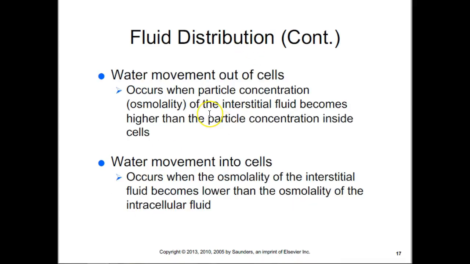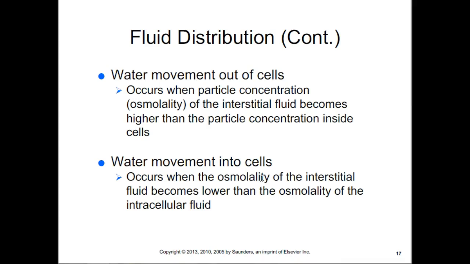Water movement out of the cells occurs when particle concentrations of the interstitial fluid become higher than the particle concentrations inside the cells. Water movement into the cells occurs when the osmolality of the interstitial fluid becomes lower than the osmolality of the intracellular fluid.